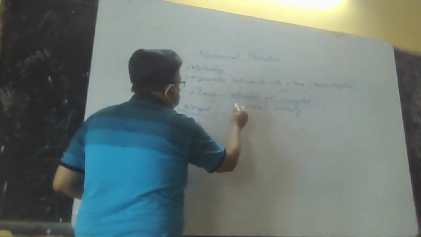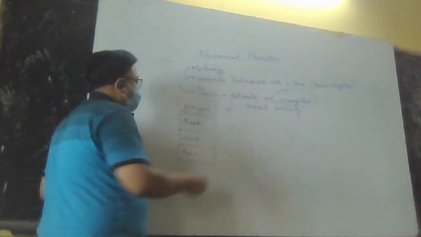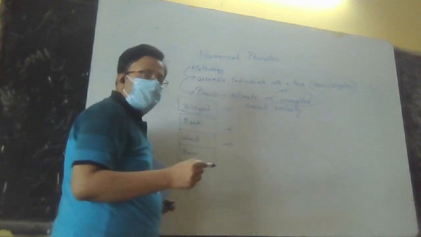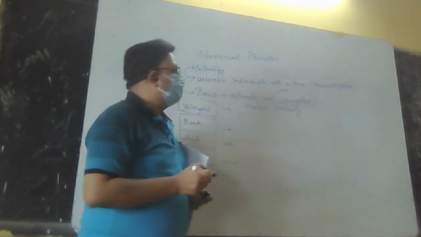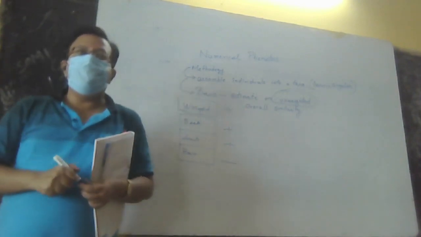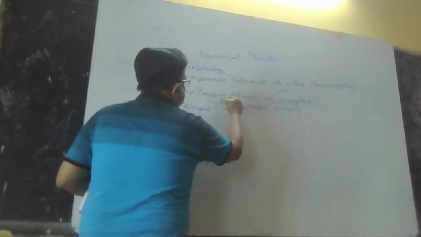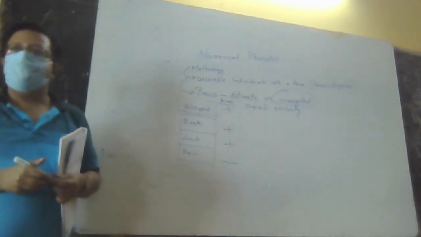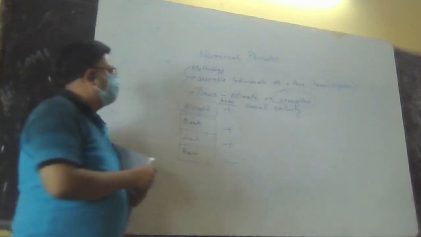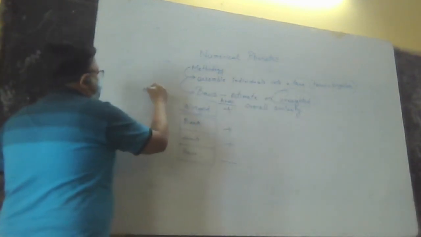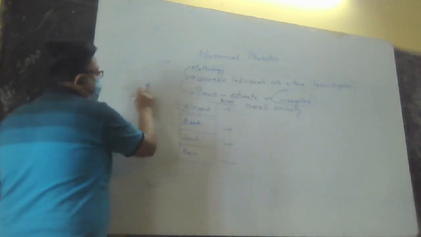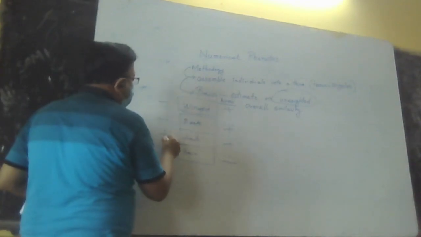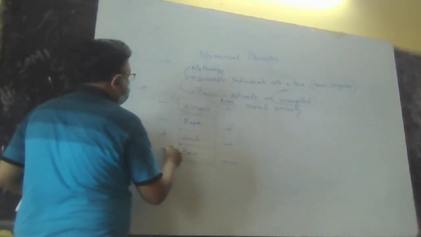So winged, you say plus. Beak, it has got a plus. Limb, it has also got limb. Hair, minus. Something like this, you are making them into taxa. This taxon you can call Aves. Another taxon, say wings minus, no beak, it has got limbs and it has got hair.